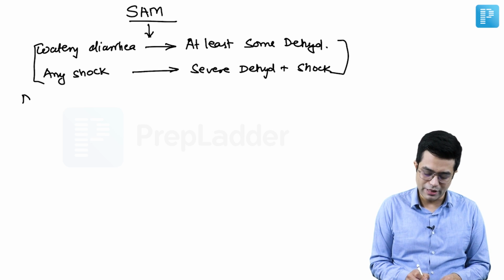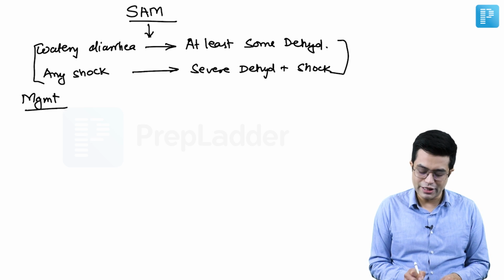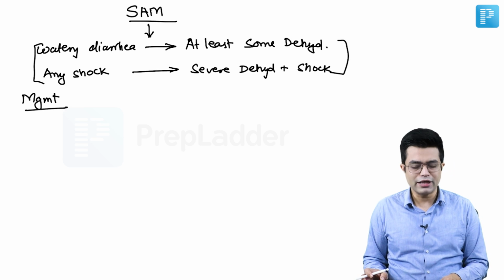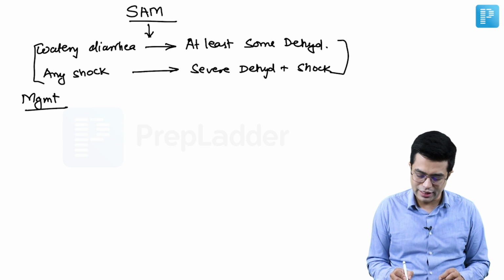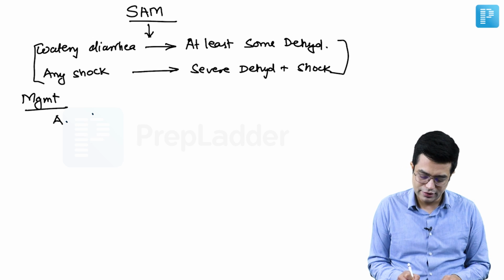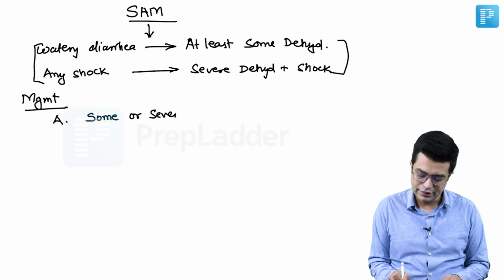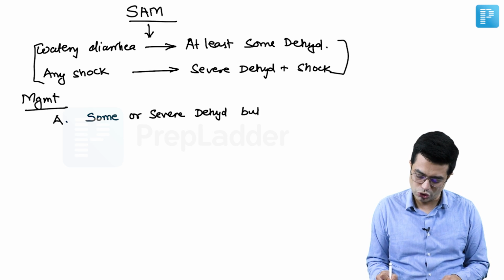Now, how are you going to manage these children? When it comes to management of these children, the acute management first of all will depend upon what is the category of the child. So you can have a first scenario where the SAM child is having some or severe dehydration, but there is no shock.